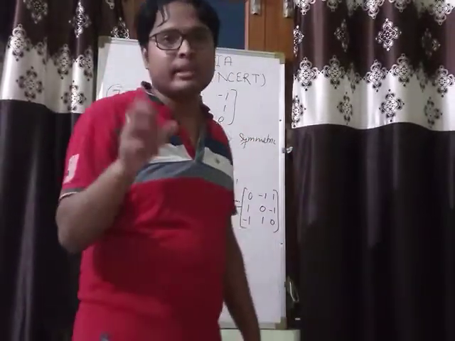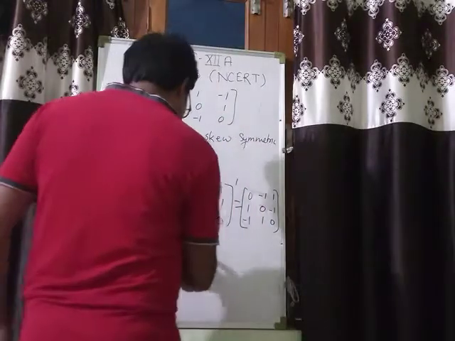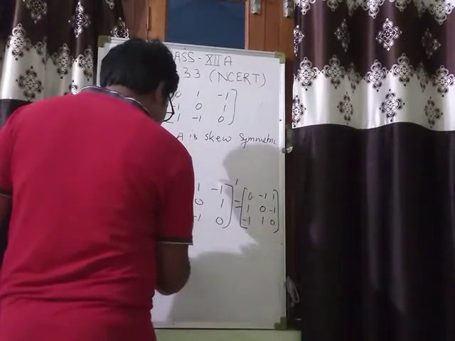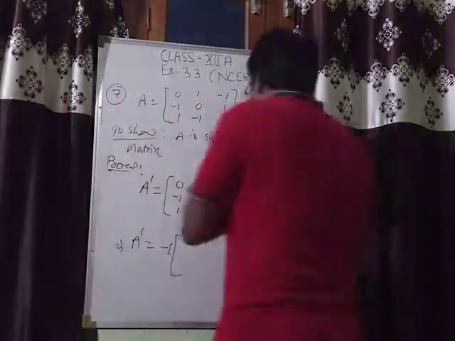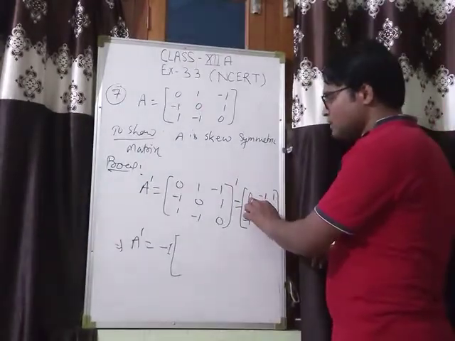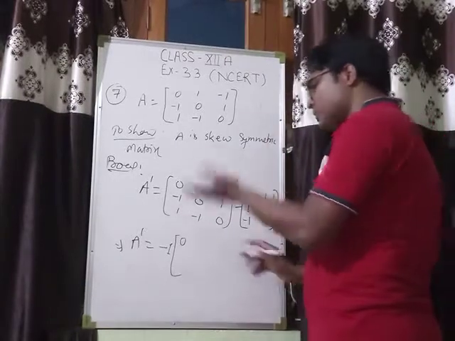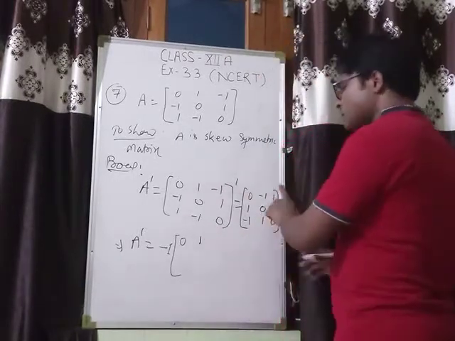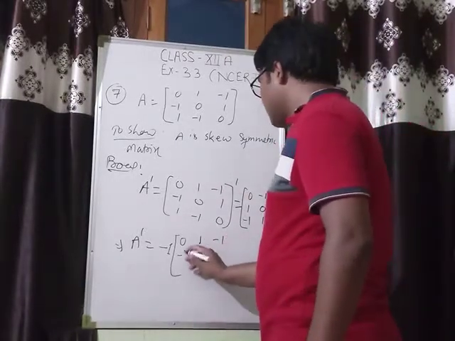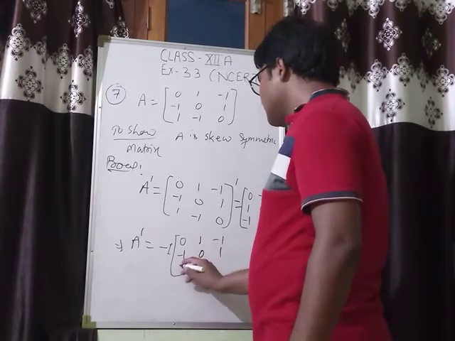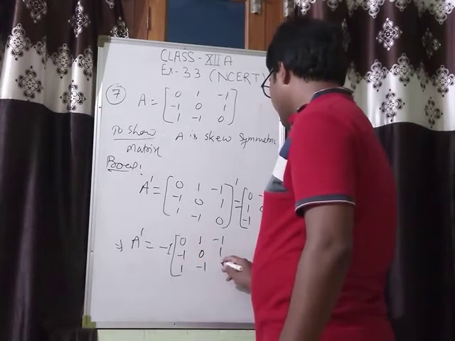I am going to take minus 1 common from each entry. Taking minus 1 common from here makes no difference. Taking minus 1 common from here, the sign changes and it becomes 1. Taking minus 1 common from here, the sign changes. So that is minus 1, 0, 1, and this is 1, minus 1 and 0.